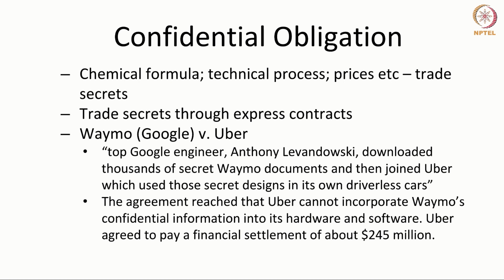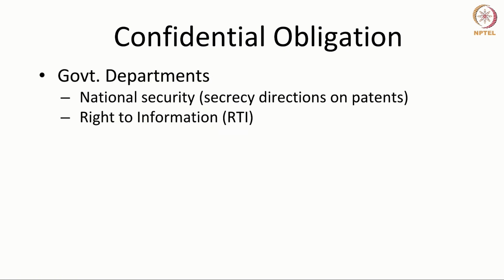But this does tell us that the courts will be inclined to treat certain information as trade secrets, provided there is a shroud of secrecy around them. So here there were secret Waymo documents that were taken by the employee. That was the allegation. So trade secrets, to be regarded as distinct from confidential information, have to be shown as being different and treated differently.